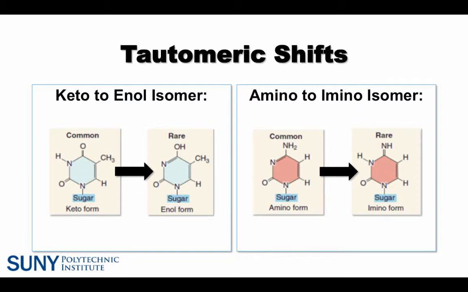So the tautomeric shifting of the keto form of guanine and thymine to the enol form is a possibility, or we can have the tautomeric shift of the amino form of cytosine and adenine, shifting those two bases towards their imino form.